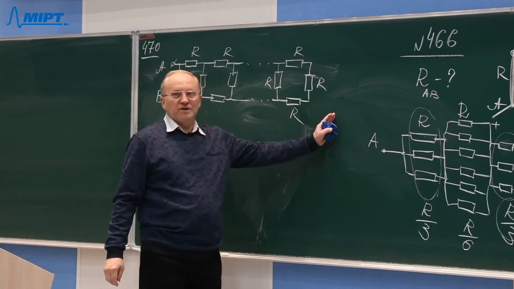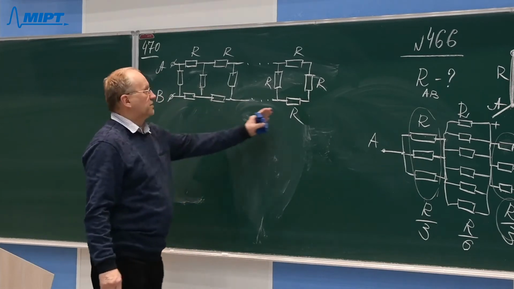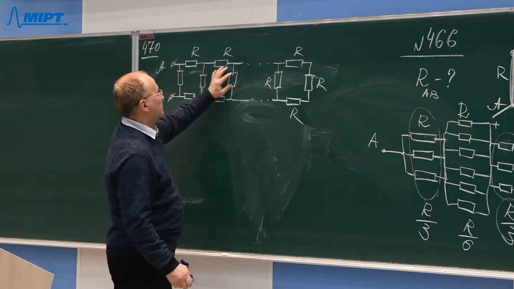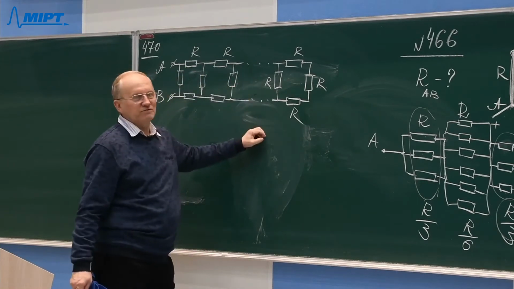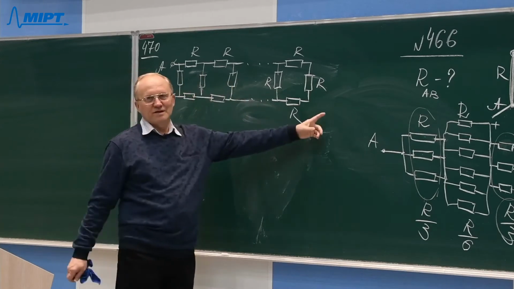What is infinite in the physical sense of the word? It means that the circuit is certainly finite. Certainly there is a finite number of cells, but a very large number of cells, maybe 100, maybe 200, maybe 1000.